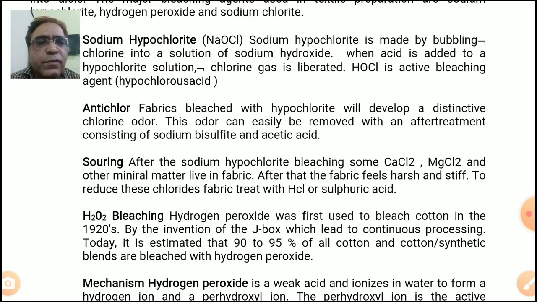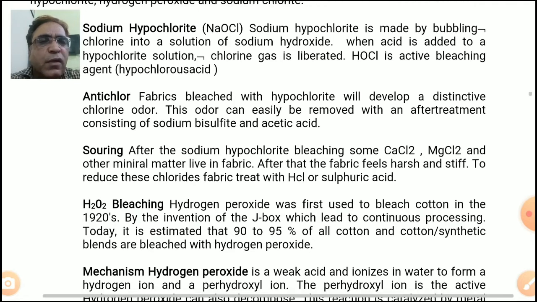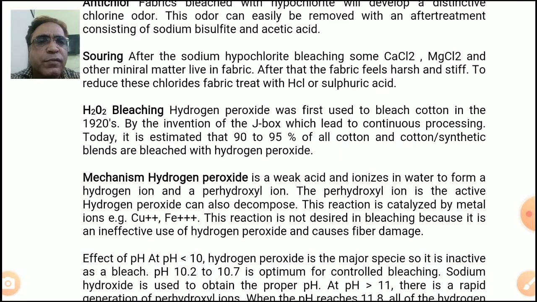Similarly, we can also use hydrogen peroxide bleaching. Hydrogen peroxide bleaching was specifically used after the J boxes were used for continuous processing, because it is a safer method. In this case, perhydroxyl ions are formed at a particular pH value, because hydrogen peroxide is a weak acid that ionizes in water. When it is mixed with water, it breaks up into two ions.